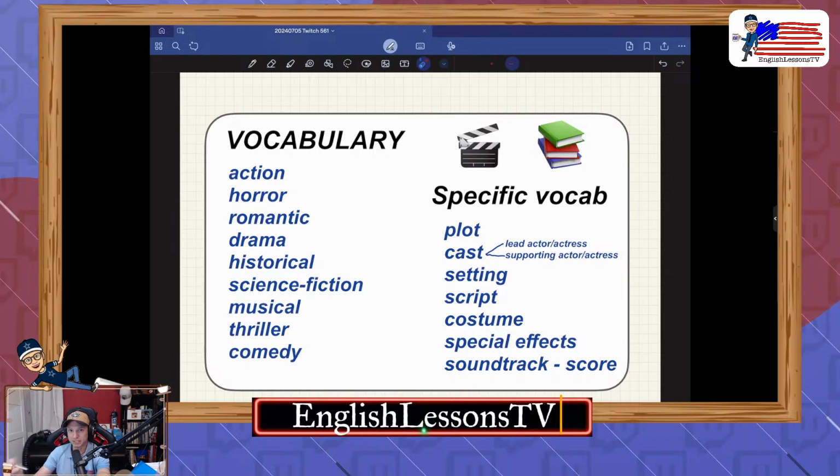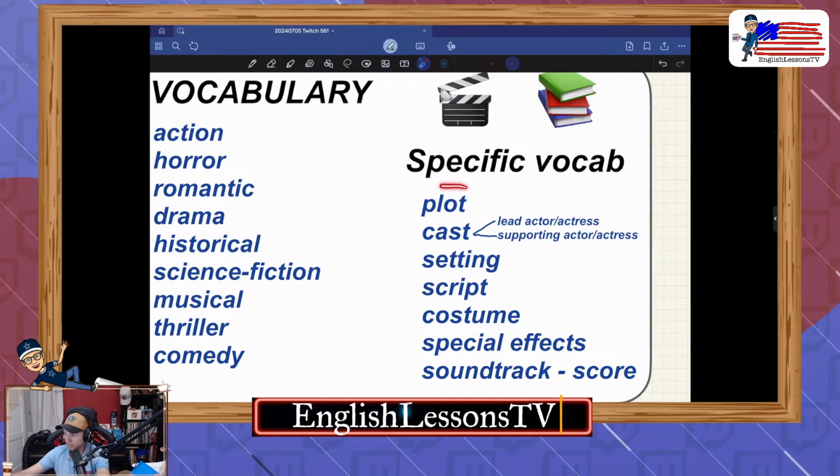So the specific vocabulary is, well, the plot, which is what the book or the movie is about. Then you can say actor or actress, but we can look at these from the point of view of a general list of people who are going to work acting in the movie, or the characters.